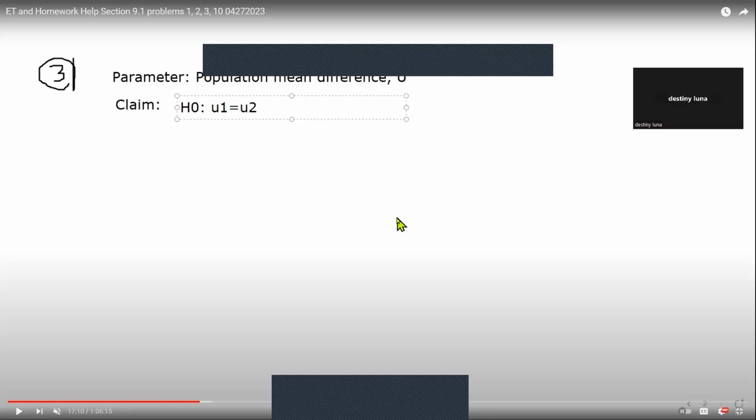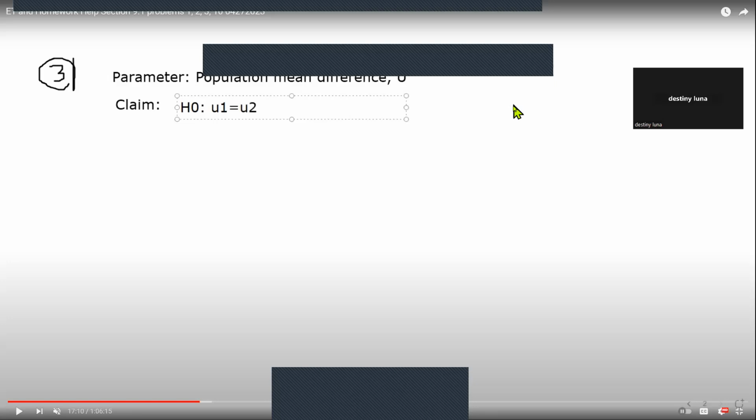So it's population mean difference sigma? It's not sigma, it's mu. Population mean is mu. Oh, it's the mu? Yeah, it's the mu. I think it's because this bar is in the way. Let me see if I can get the bar out of the way.